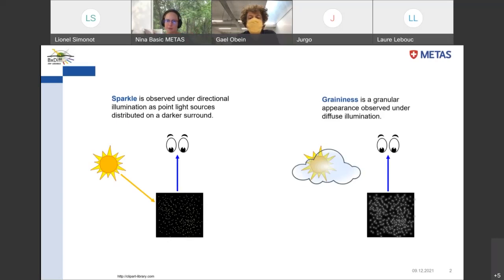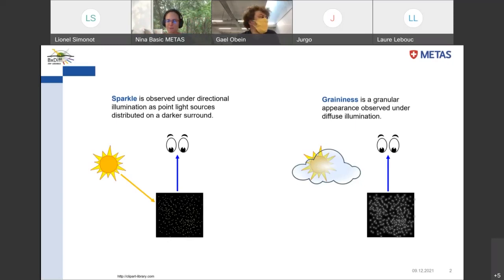That's what we have in the graininess. So if you don't have a sparkle sample by your side, you can imagine the sparkle as if you are looking at the stars in the night. This is a similar thing. Or if you go on the sea and you see those sparkles on the sea, that's kind of the same thing.